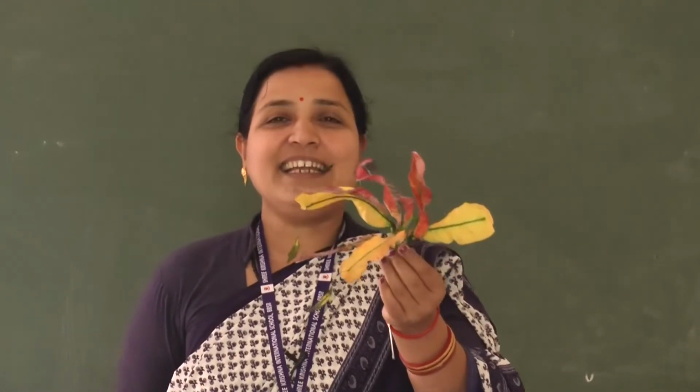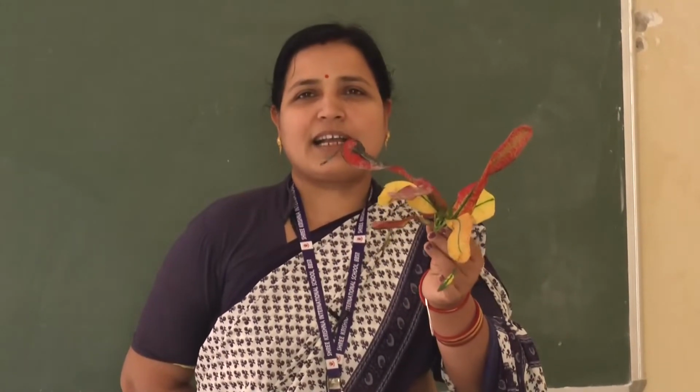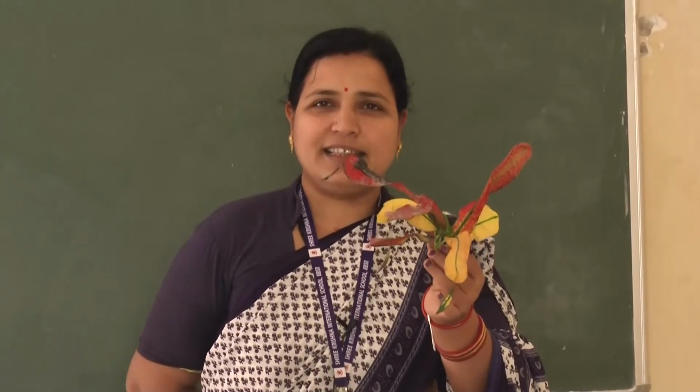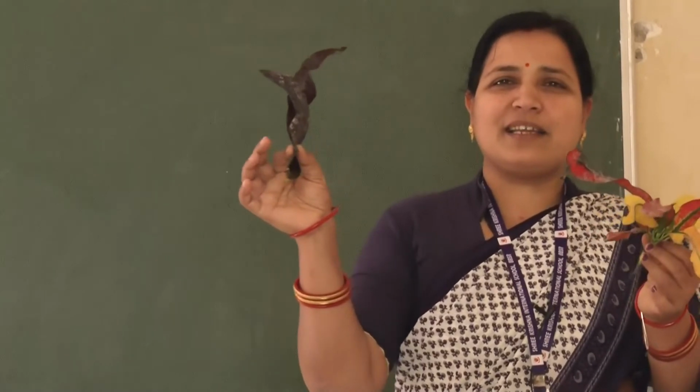Yes, 8 leaves are there. Children, you say me, how you know it? Total you see 10 leaves. After taking 2, you can count 8 leaves are there. These 2 leaves are in my right hand and these 8 are in my left hand.